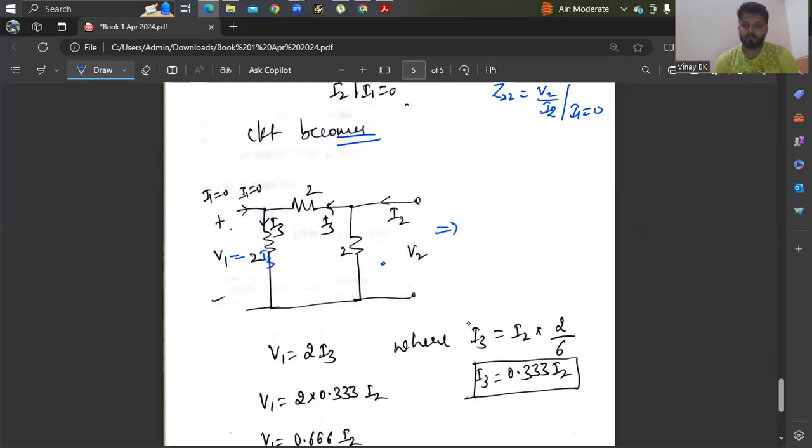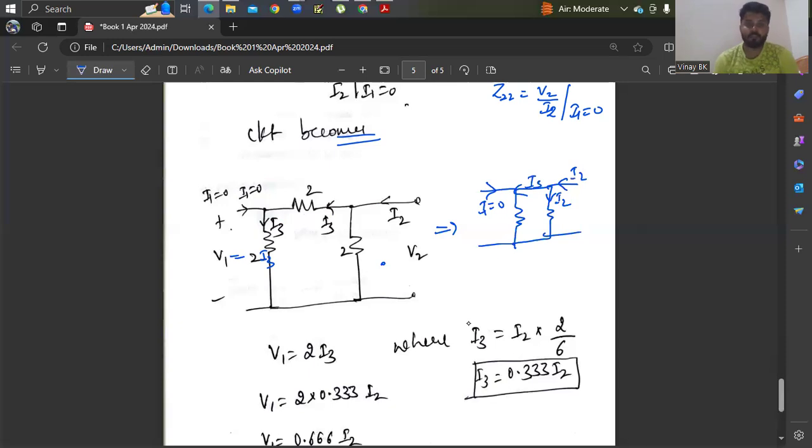So the circuit looks like this now. You can see the circuit. Here I1 is 0 and I2 is flowing. The same I2 is flowing here. And here I3 is flowing.